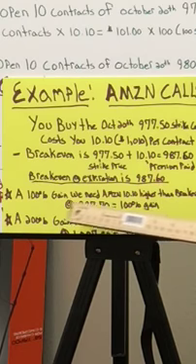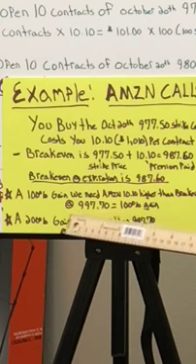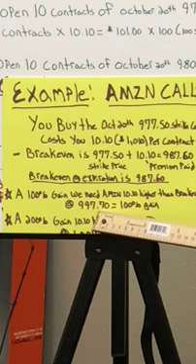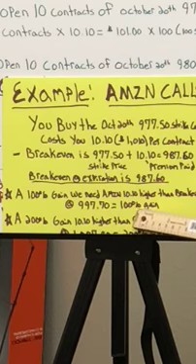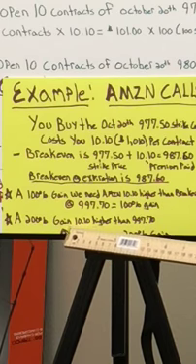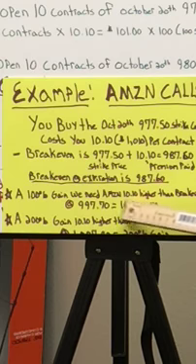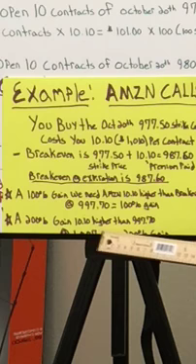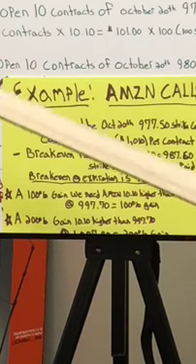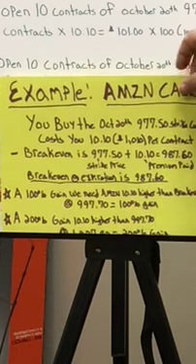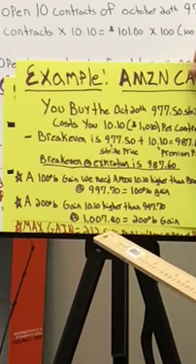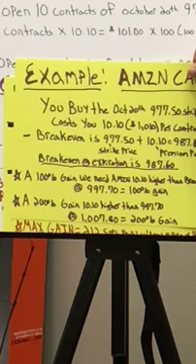So for a 100% return on Amazon calls, we need Amazon at $997.70. For a 200% gain, we need $10.10 higher than $997.70. I can't see it below there, but we need Amazon at $1,007.80 for a 200% gain.